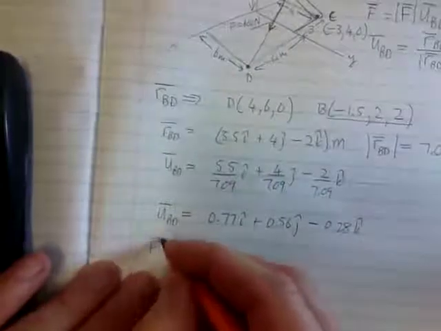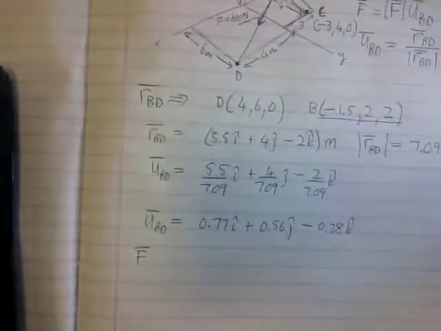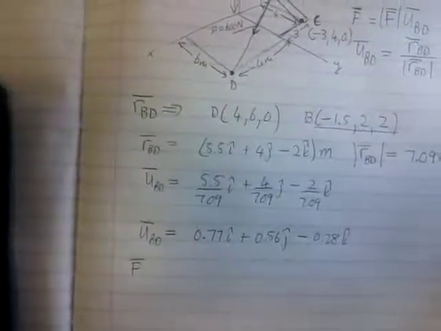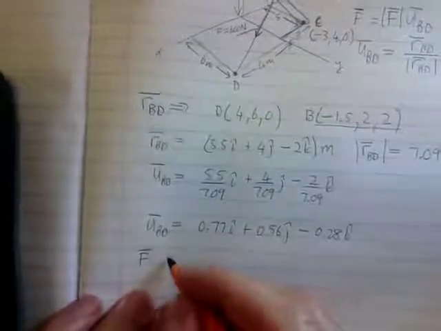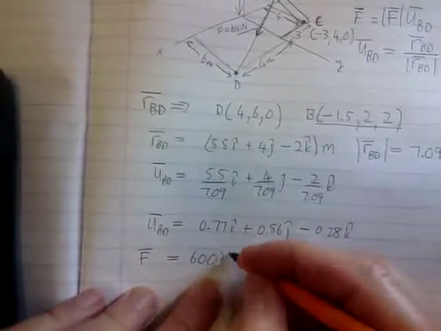Now, if I want to convert that force into vector form, then I can just say 600 times UBD.